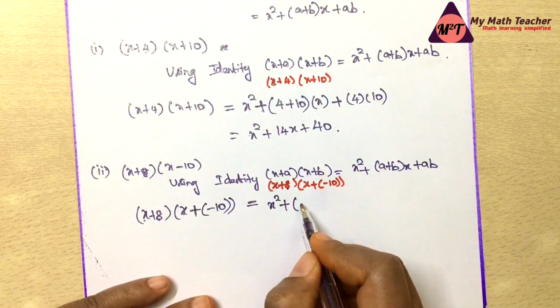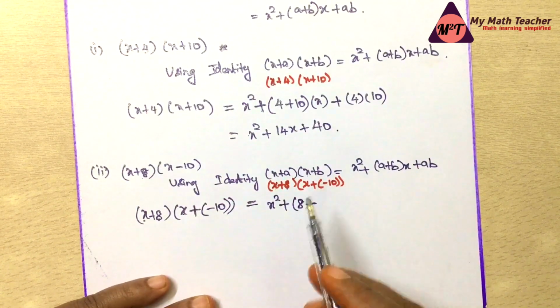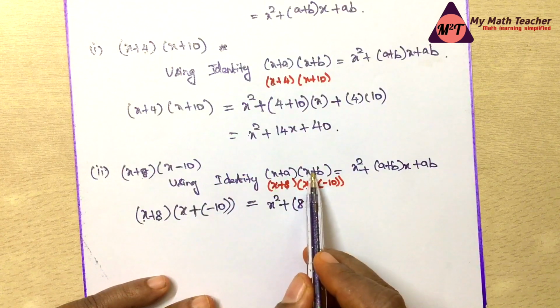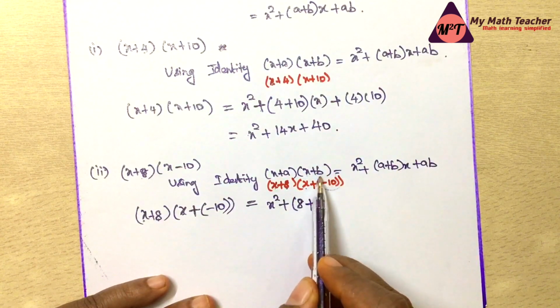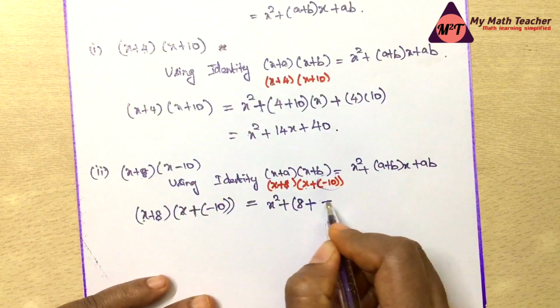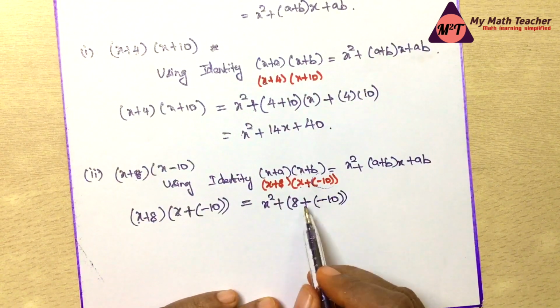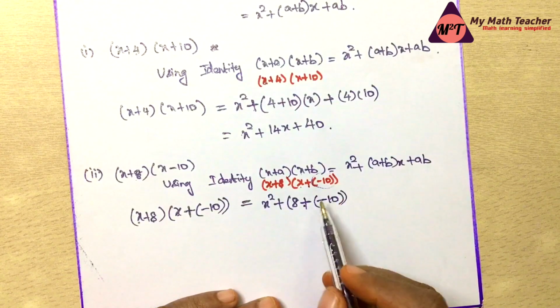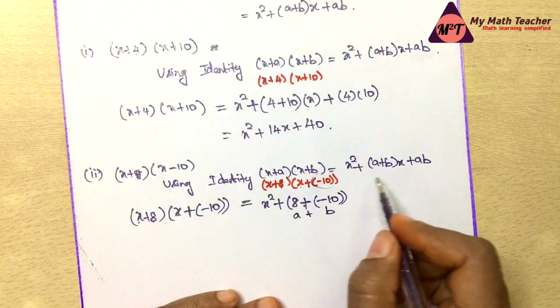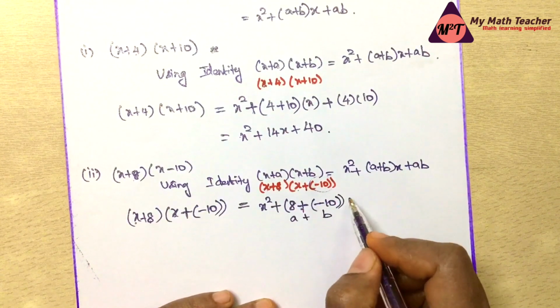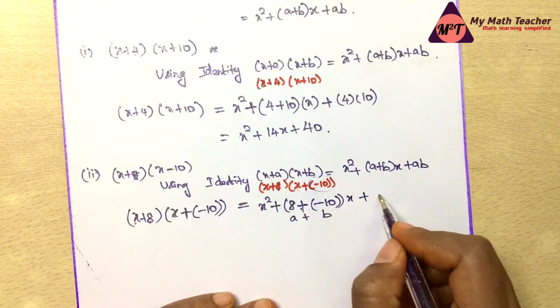A is 8, plus, you can see x is here, the plus sign is there. So in the place of b we have got the entire minus 10. So 8 plus minus 10. This is a plus b. Now into x, x is the same x, plus ab.